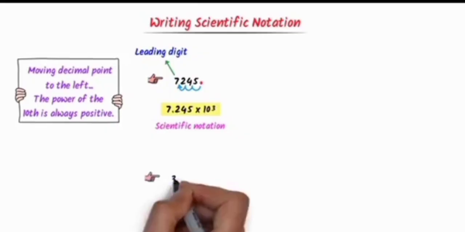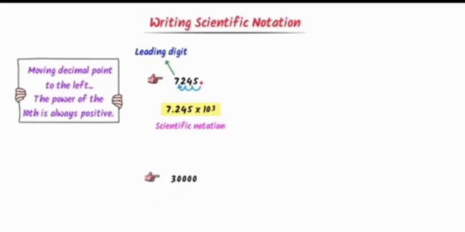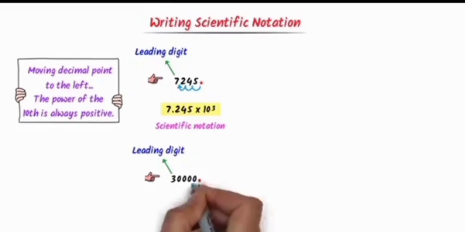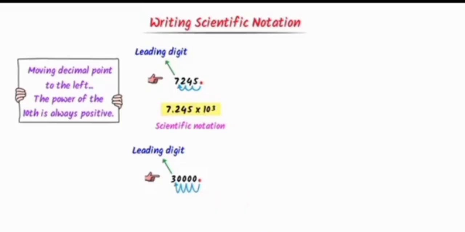Secondly, consider this number. We can see that the leading digit is 3. There is no decimal point present in this number. I put decimal point at the end. Now I move the decimal point to the right. 1, 2, 3 and 4. I put the decimal point after the leading digit.